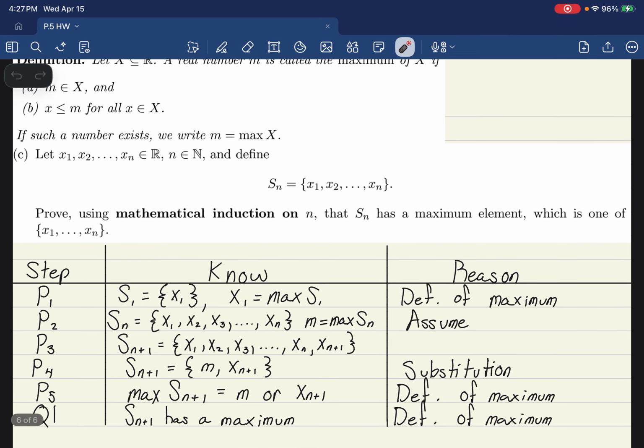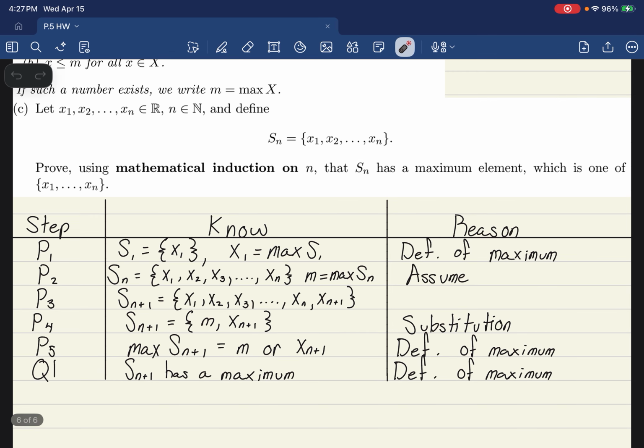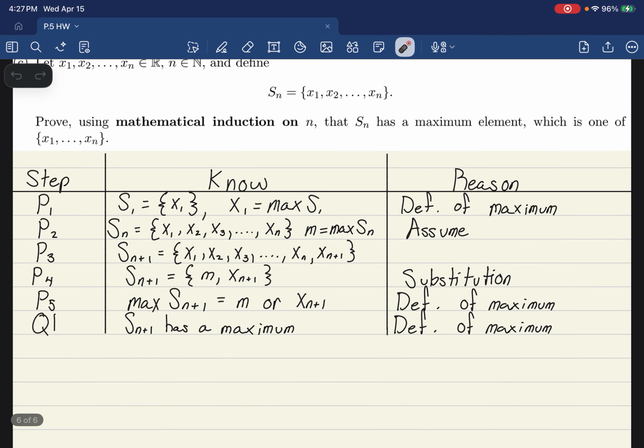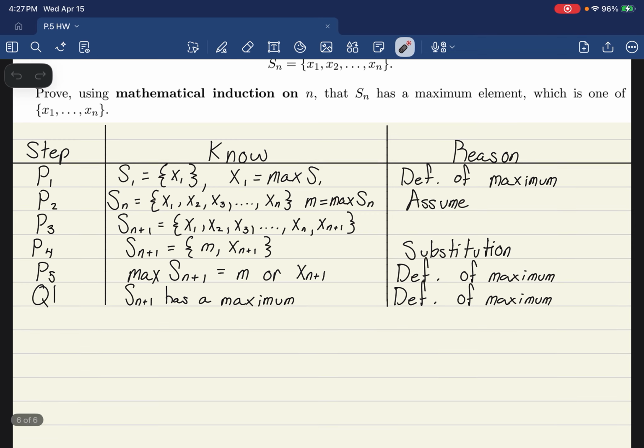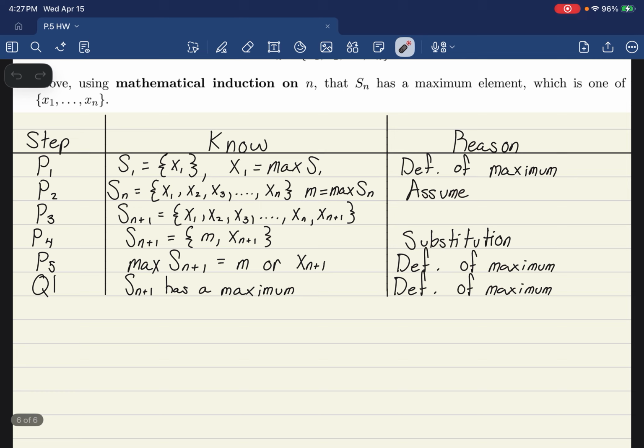So Sn is going to be {x1, ..., xn}, and we're just going to say m is our max. Here's Sn+1, and I substituted all of x1 through xn with our value of m, because we know that if m is our maximum of Sn, then there are no other values larger than m in that set.